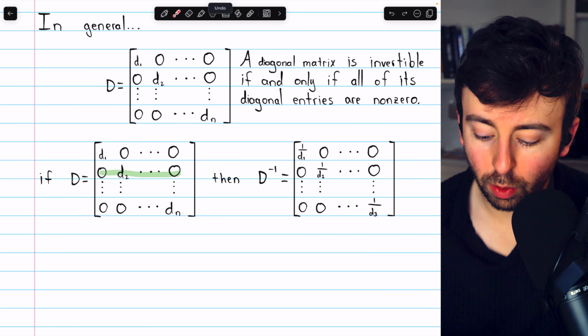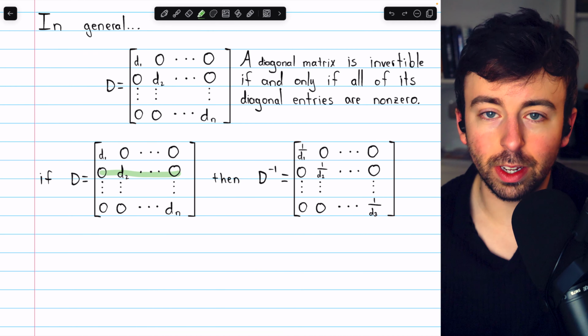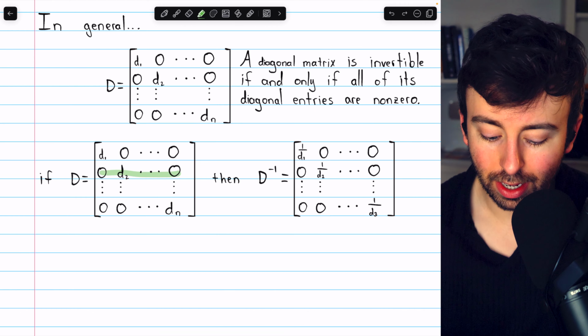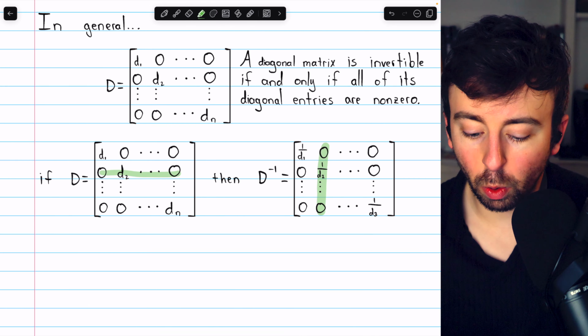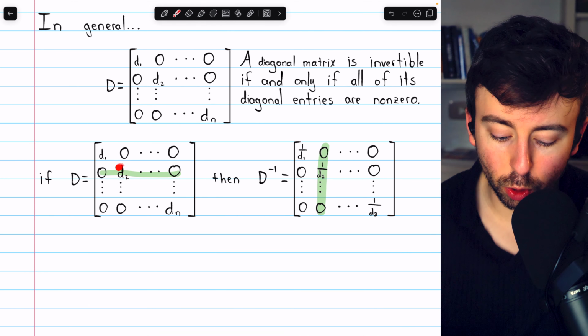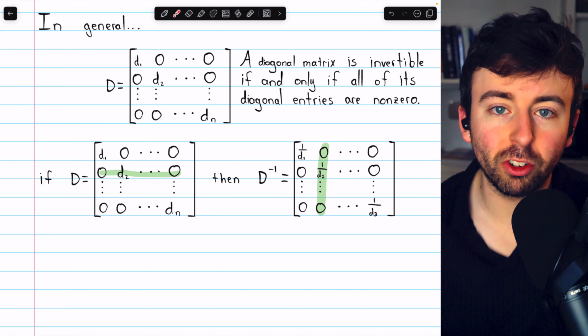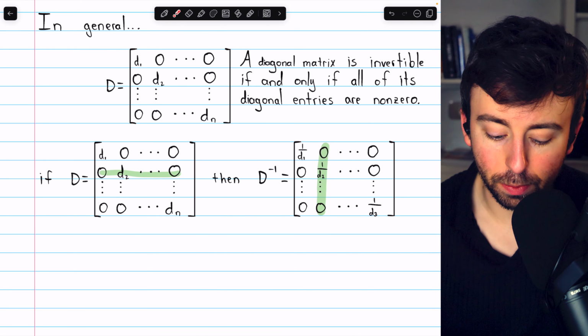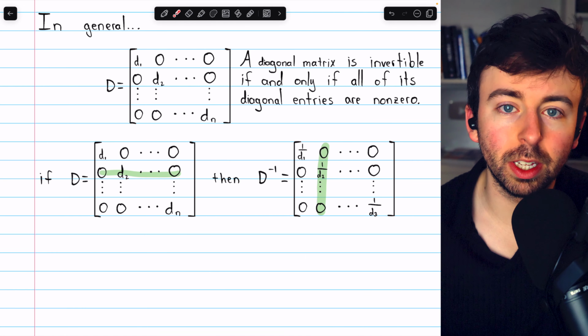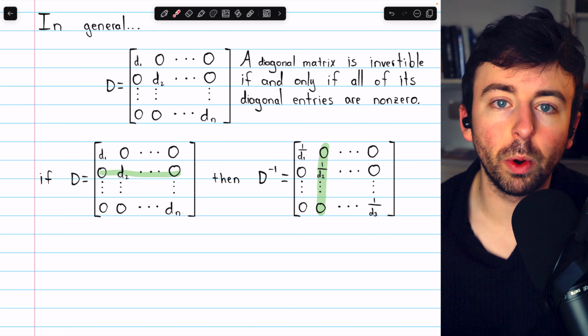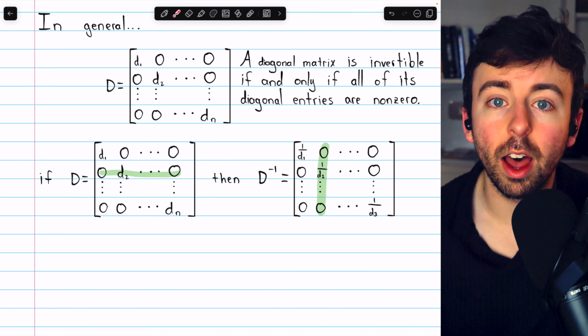It's only when we're calculating the diagonal entries of the resulting matrix, so the second row matched up with the second column, it's only then that we're going to get two non-zero entries that match up and multiply together, and that would be d2 times 1 over d2 in this case. And it works similarly for the rest of the computation, producing 1s across the entire diagonal of the product.